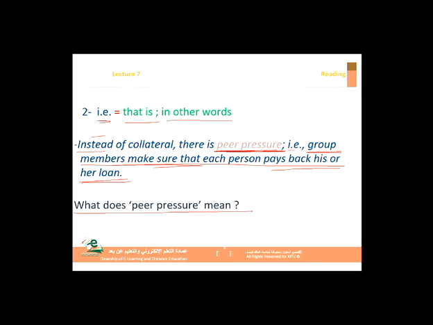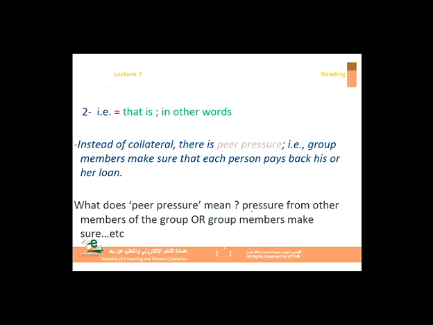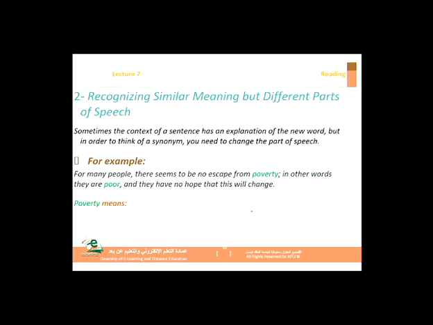Very simple question. What does peer pressure mean? It means pressure from other members of the same group, or group members make sure that, etc. All right, let's move now to the second part of this lecture, which is recognizing similar meanings but different parts of speech.